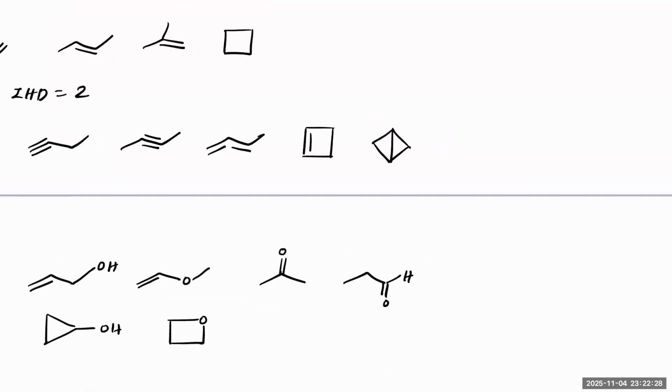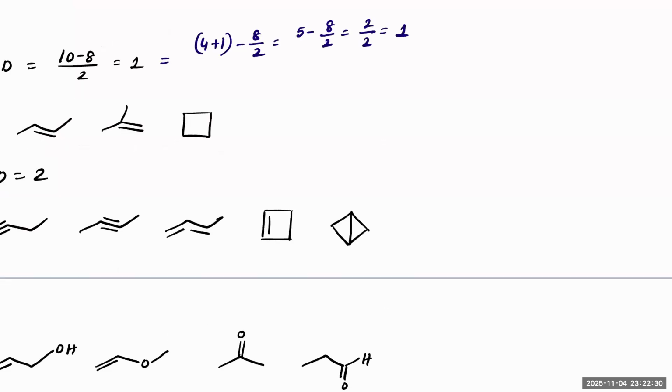Okay, so let me write that down. If DOU is 2, I can have two double bonds, or one double bond plus one cycle, or one bicyclic, or I can have one triple bond.